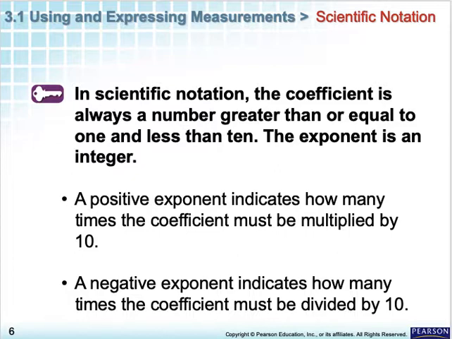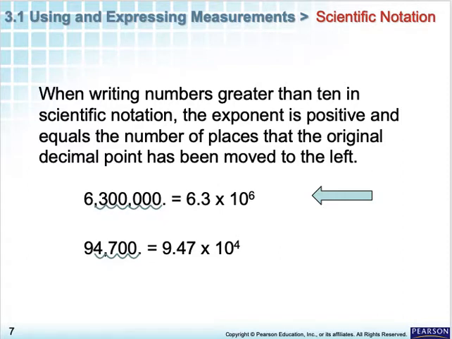A negative exponent means that I have to divide by a number of powers of 10, or I've moved it in a different direction. So here we have something where we are moving the decimal from the right to the left. And when we move to the left, we get a positive exponent.